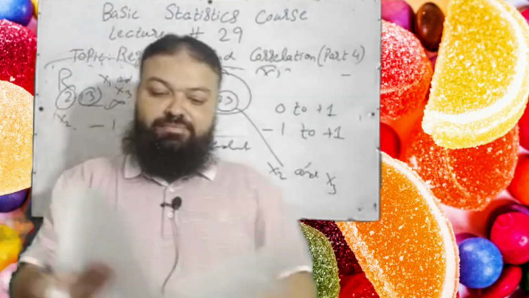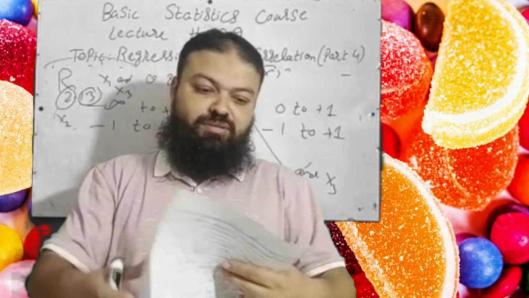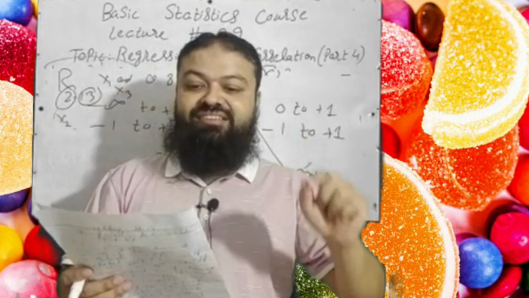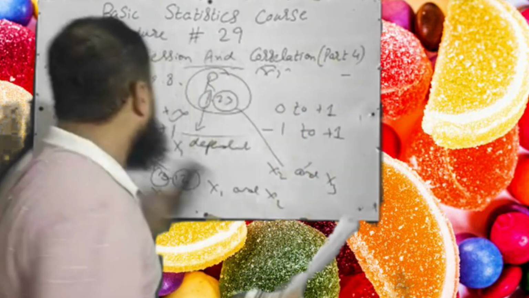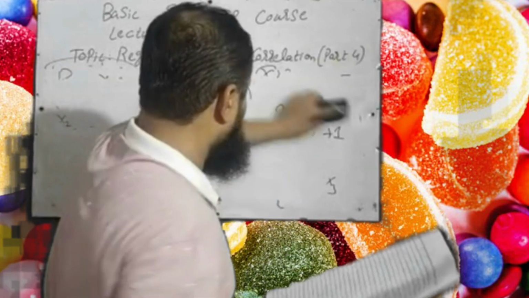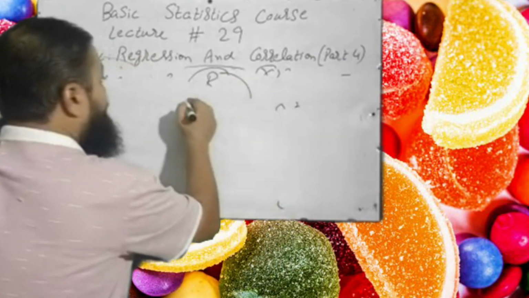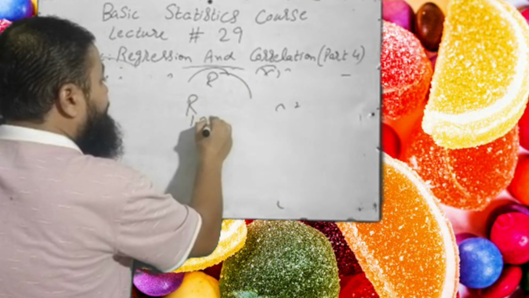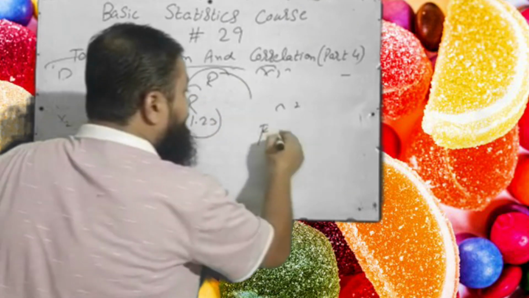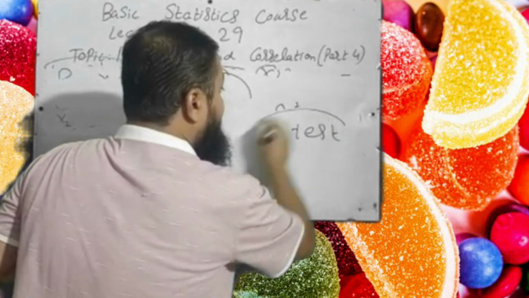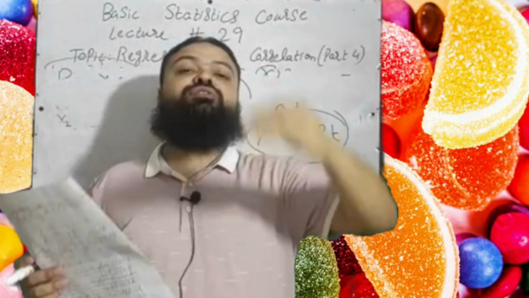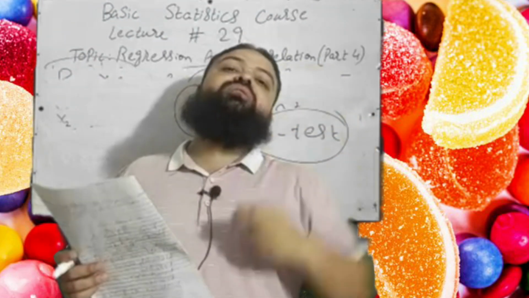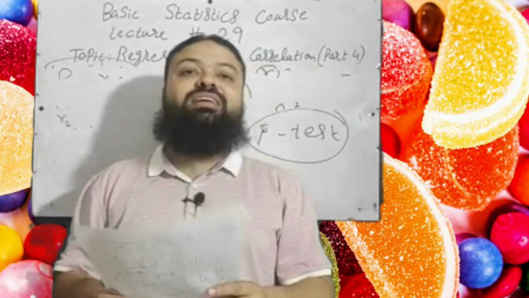Question number 10. The appropriate test to test the significance of the multiple correlation coefficient R1.23. If we want to check the hypothesis of R1.23, we will have to use the F test. Please keep in mind, F test is the appropriate test to test the significance of the multiple correlation coefficient. Question number 11.